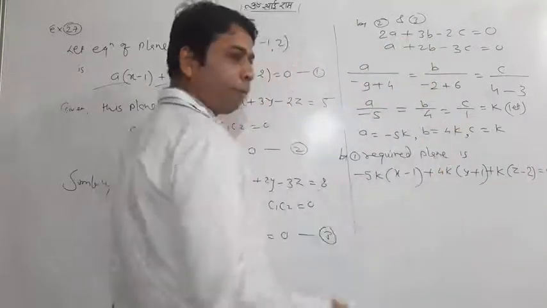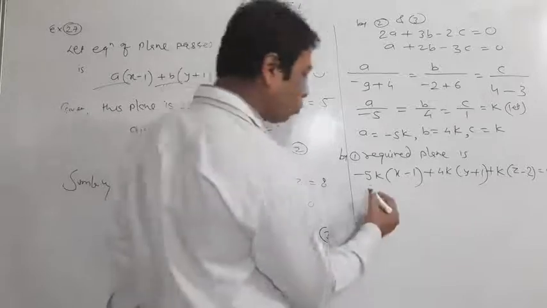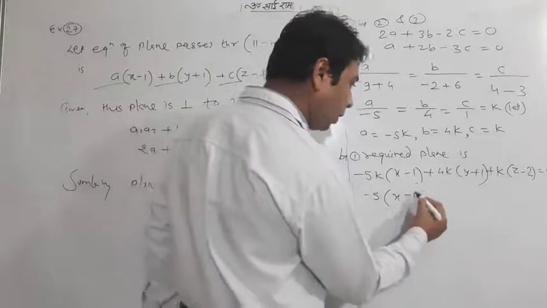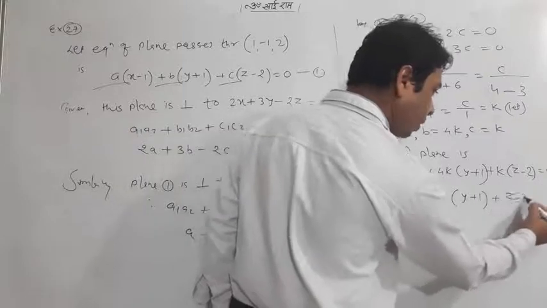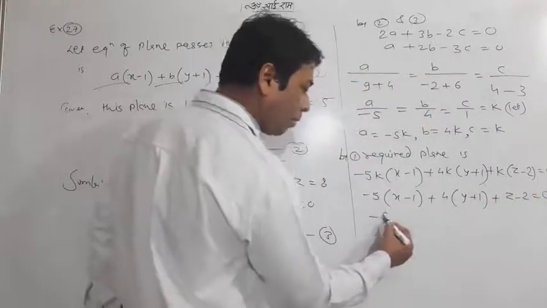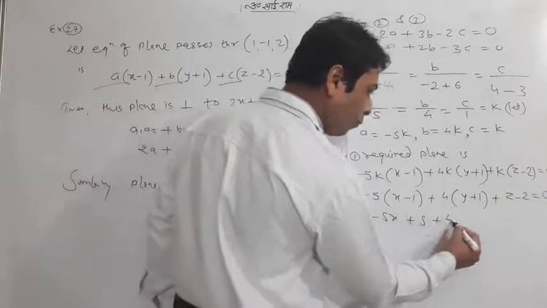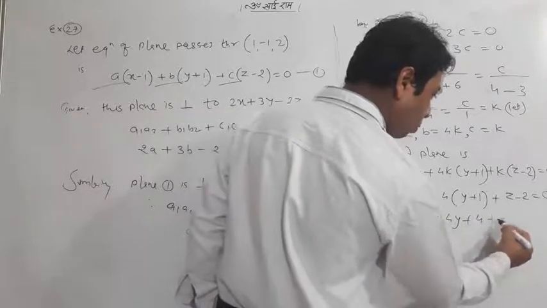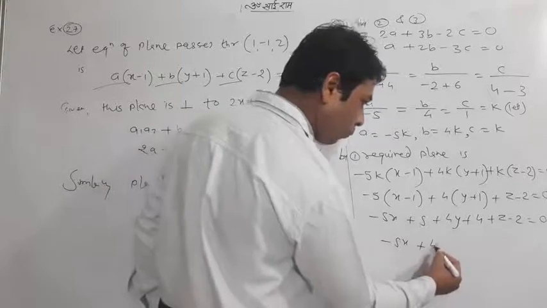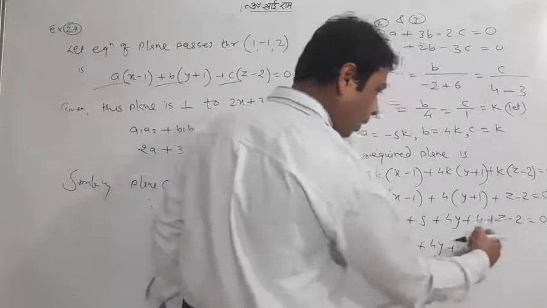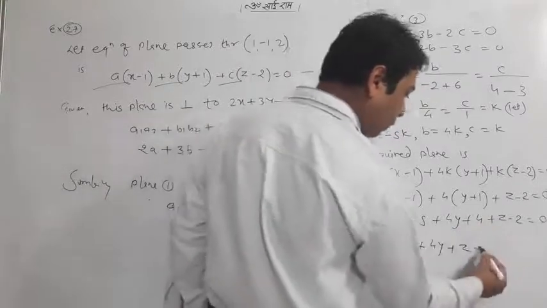Remove the K from all sides, dividing all the equation by K. So 5(x minus 1), 4(y plus 1) and (z minus 2) is equal to 0. Now multiply out: 5x minus 5, 4y plus 4, plus z minus 2. Now 5x plus 4y plus z, and minus 5 plus 4 minus 2 gives minus 3, equal to 0.